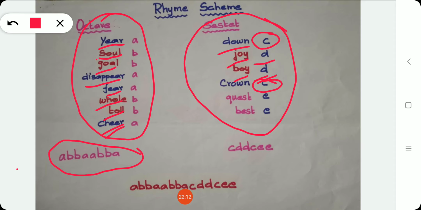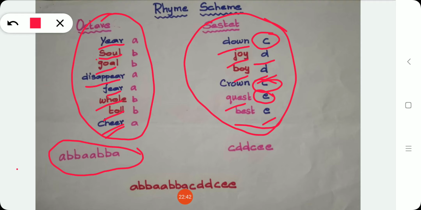So for quest we have to go for the next new alphabet, that is E. Quest and best are rhyming, so I am giving the same alphabet E. So for the same set of rhyming words you have to give the same letter. For the next set of rhyming words you have to give the next letter, and like that you have to keep on going.